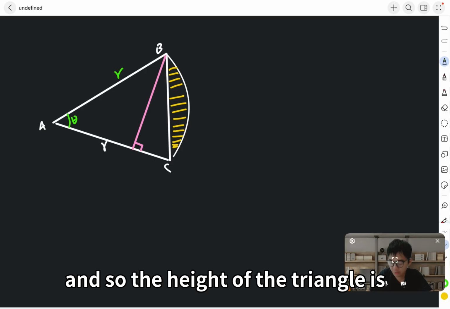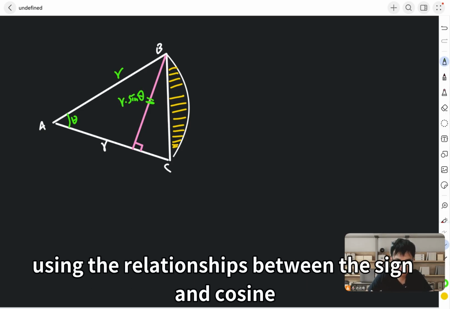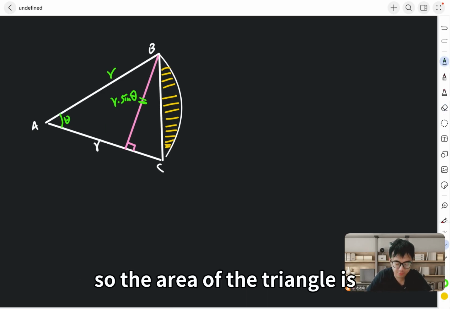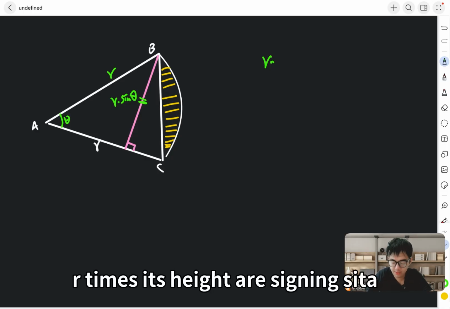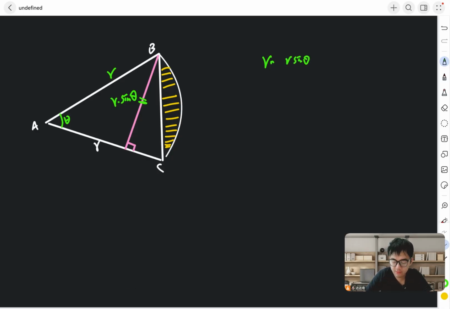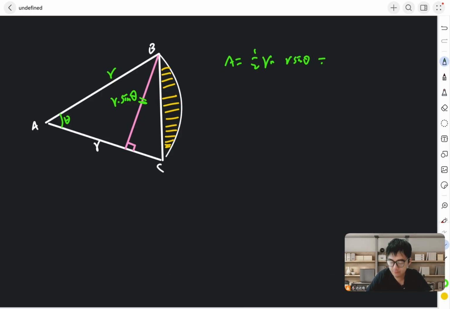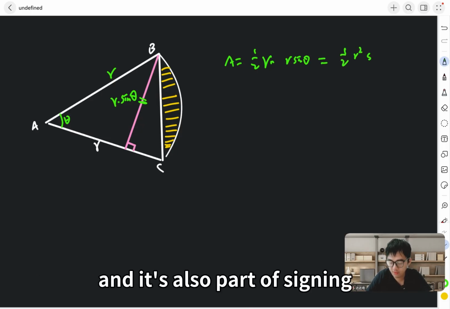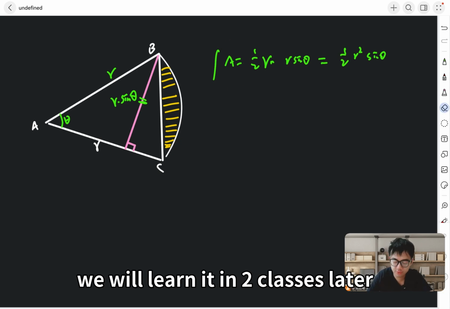The height of the triangle is r times sine theta, using the relationships between sine and cosine. So the area of the triangle is the base r times its height, r sine theta, times 1/2. It's also part of the sine rule. If you don't know how, you can just skip it. We will learn it in two classes later.